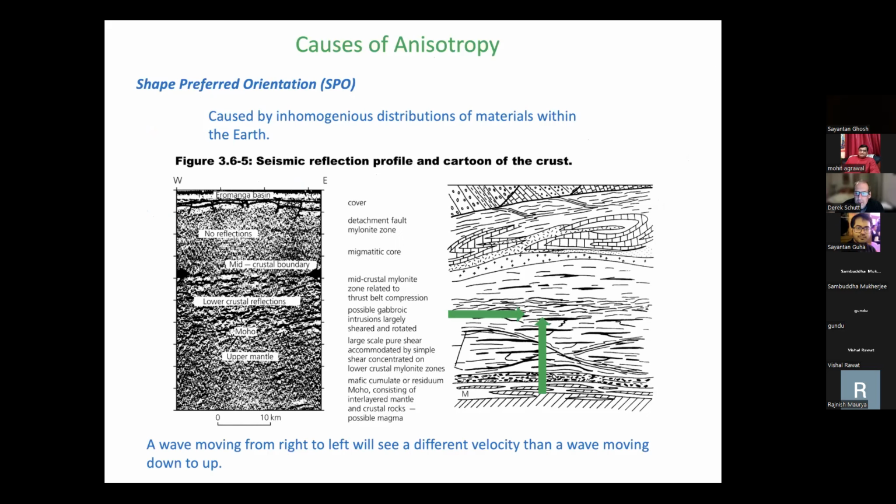So there are 2 dominant causes of anisotropy. One is shape preferred orientation, or SPO, and it's caused by inhomogeneous distribution of materials within the Earth.